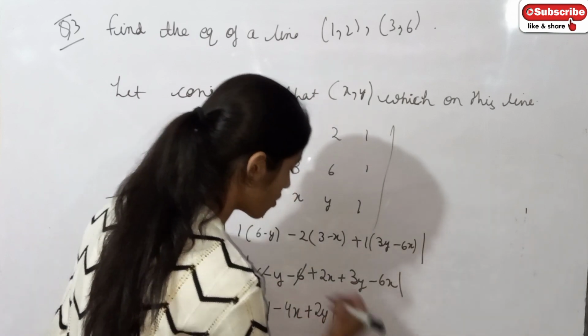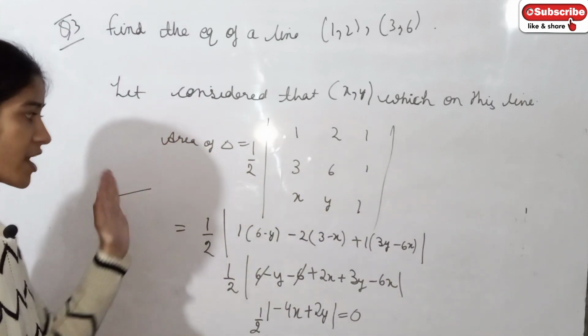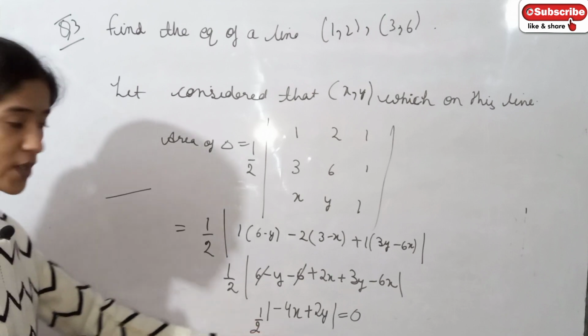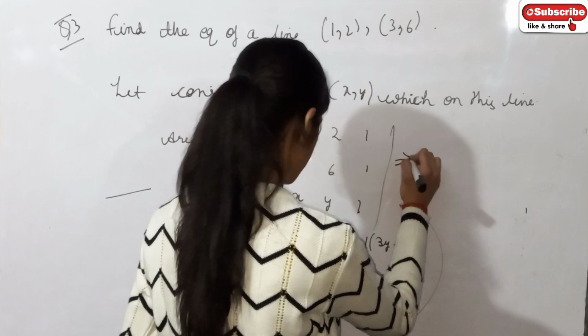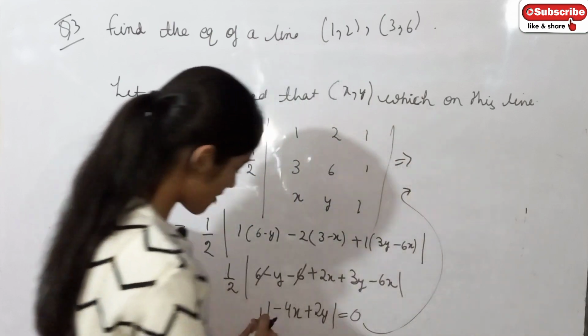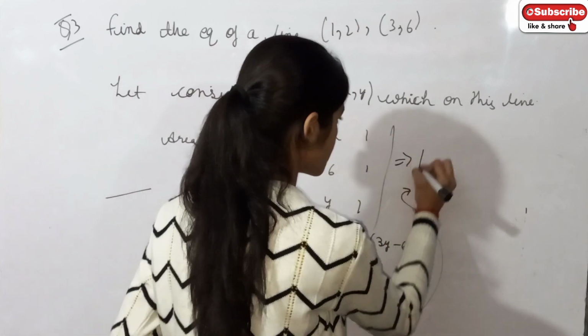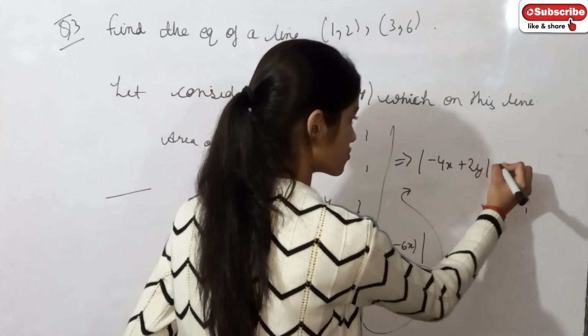Evaluate it equal to 0, because we know that the area of the triangle formed by the line is equal to 0. So we have simply evaluated it equal to 0. Half gets multiplied on the right hand side and we get 0. So it is minus 4x plus 2y equal to 0.